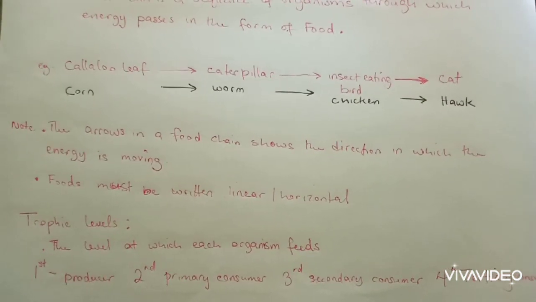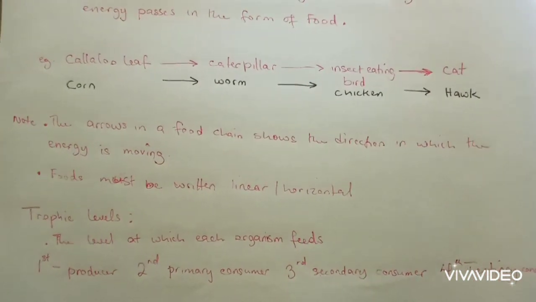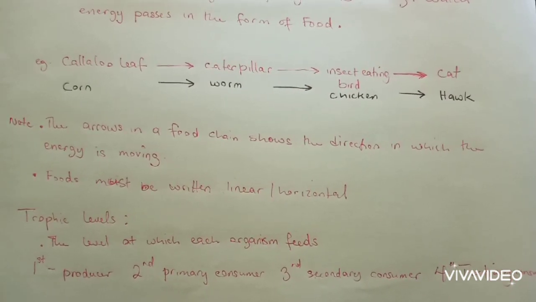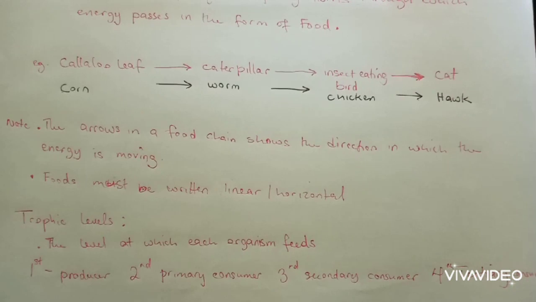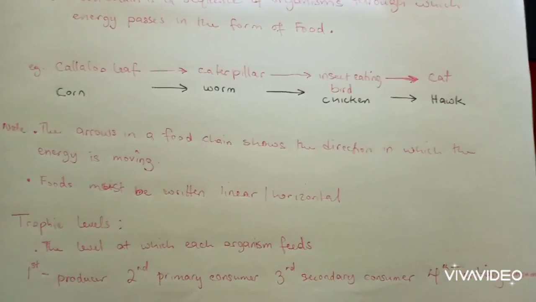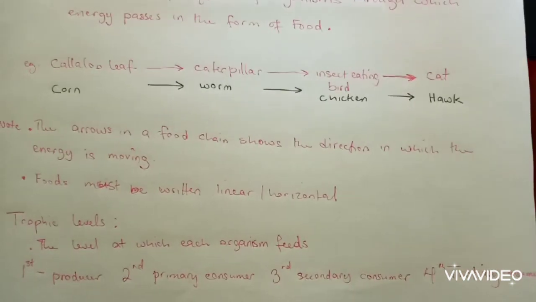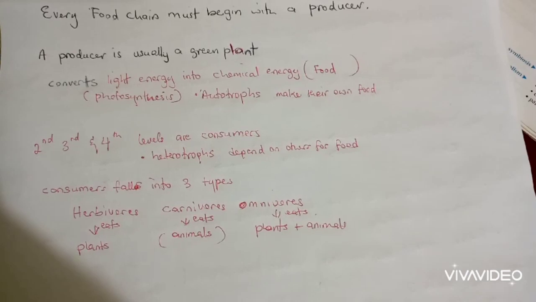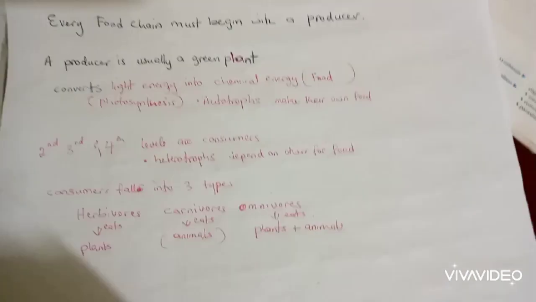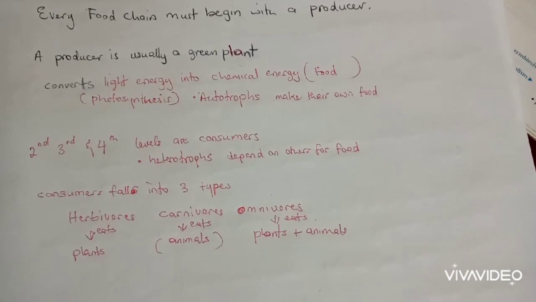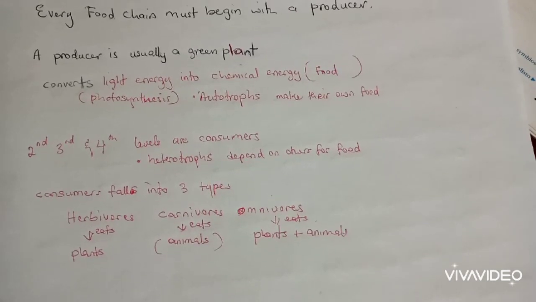The first is the producer level, the second is the primary consumer, the third is the secondary consumer, and the fourth is the tertiary consumer. So we have four basic trophic levels: producer, primary consumer, secondary consumer, tertiary consumer.